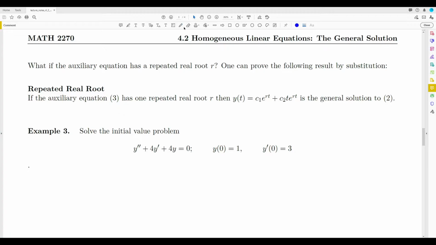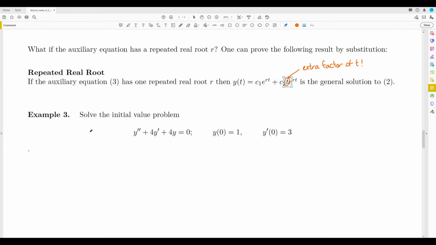So what we have to note here is that an extra t shows up here. An extra factor of t. So let's see how that works with an example.